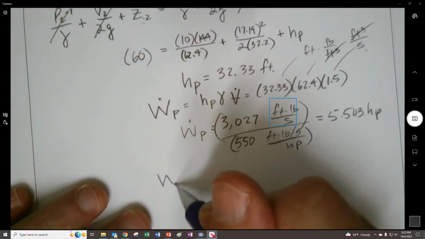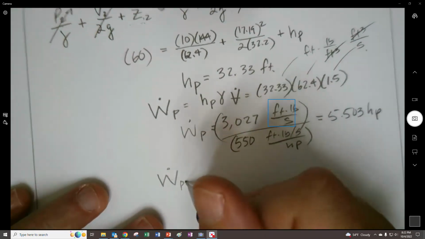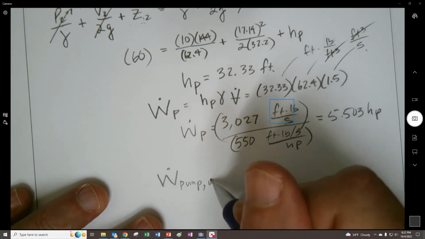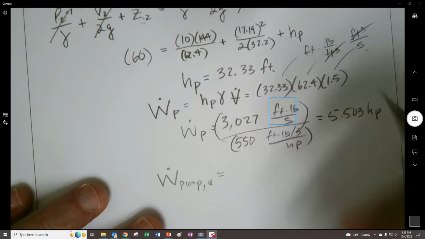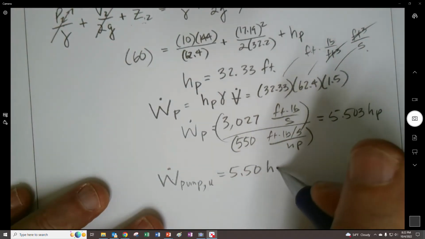So this is the delivered horsepower of the pump. If we're going to use the subscripts that they've been using in the book, we'd say it's 5.50 horsepower.